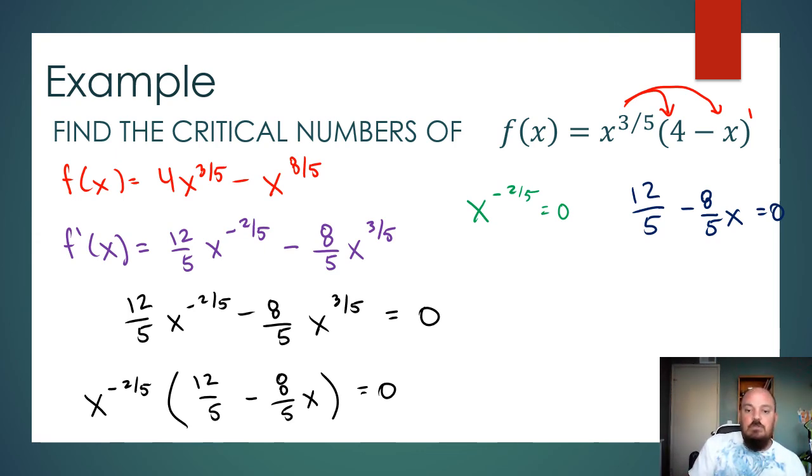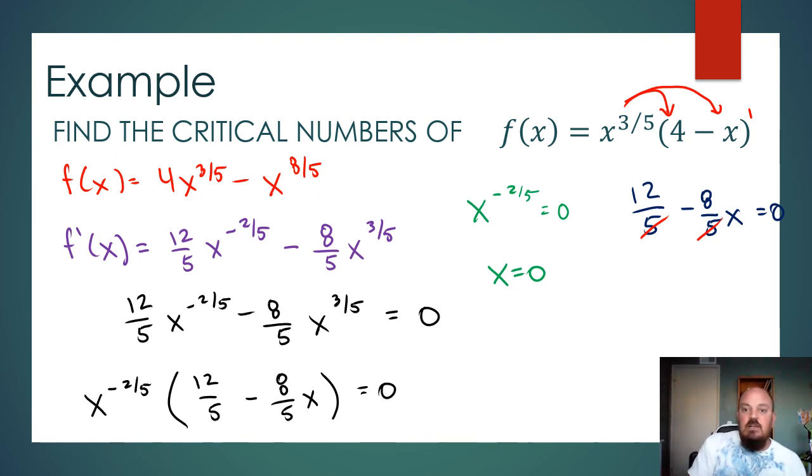So my first critical value is just x equals 0. If x to any power equals 0, then x equals 0. Now the second one, one thing I might do to kind of clean up the second one is if you just multiply everything by 5, it'll basically just cancel out those denominators.